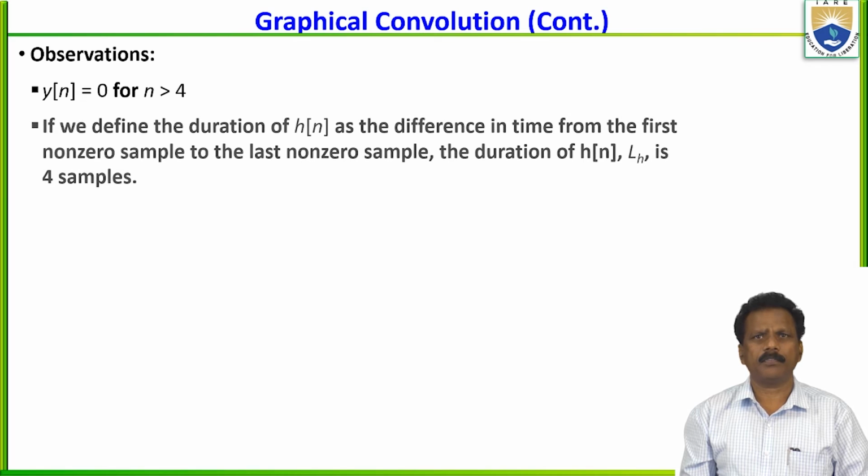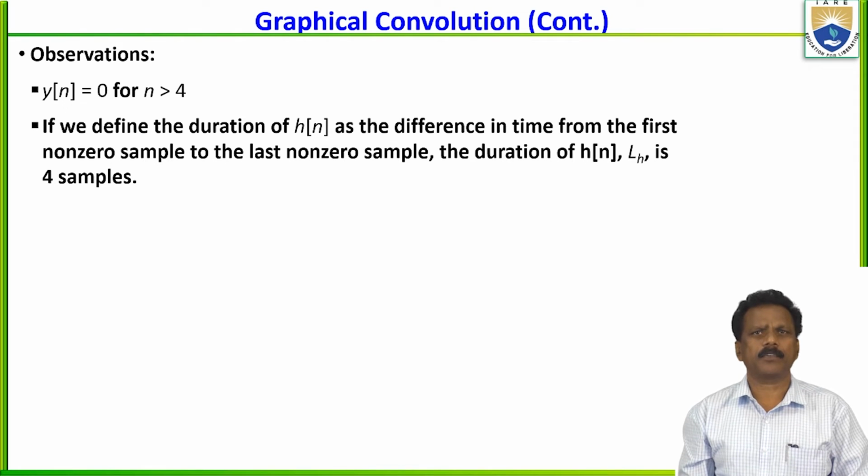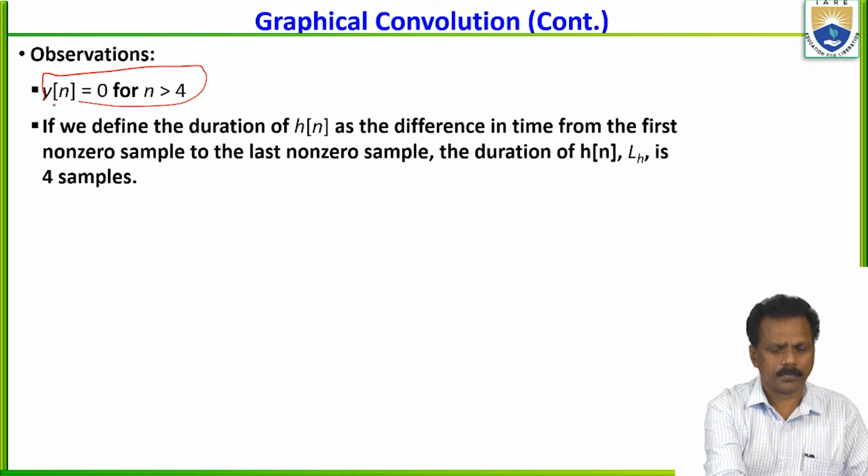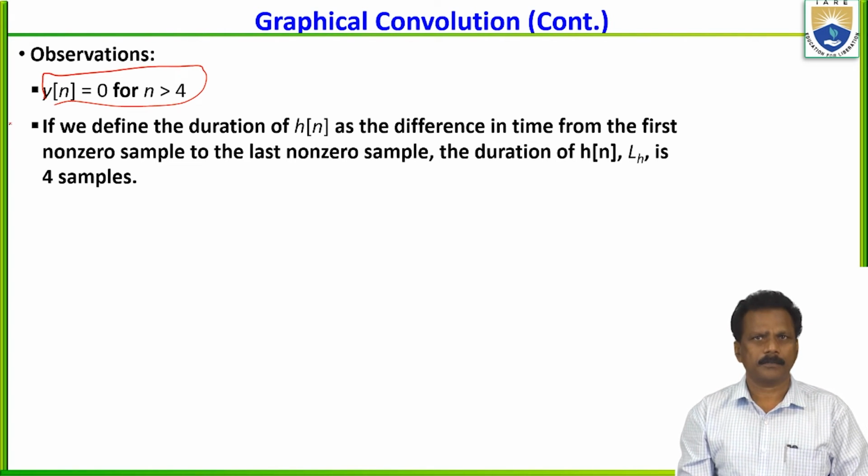And if we define the duration of h of n as the difference in time from the first non-zero sample to the last non-zero sample, like the duration of h of n, Lh, is 2, then y of n is equal to 0 for n greater than 4.